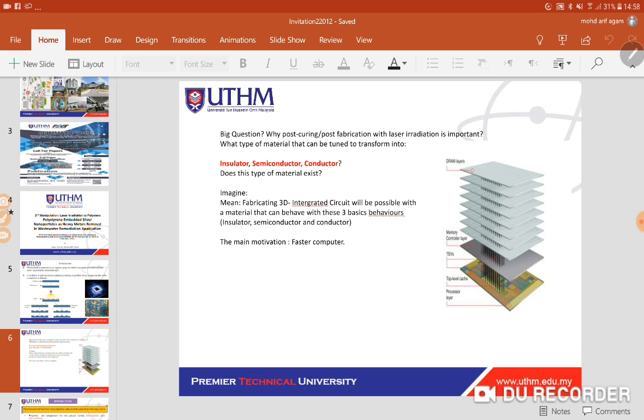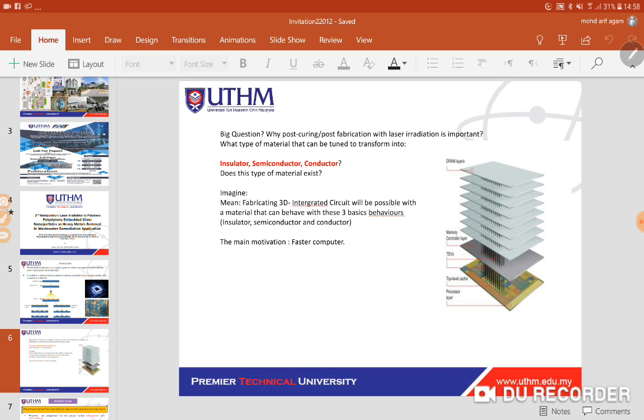And for my research group, we are interested in what kind of new material is fabricated when the polymer is irradiated by laser or electron beam.